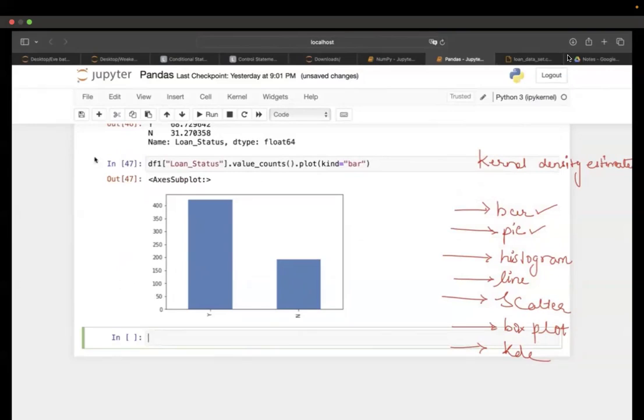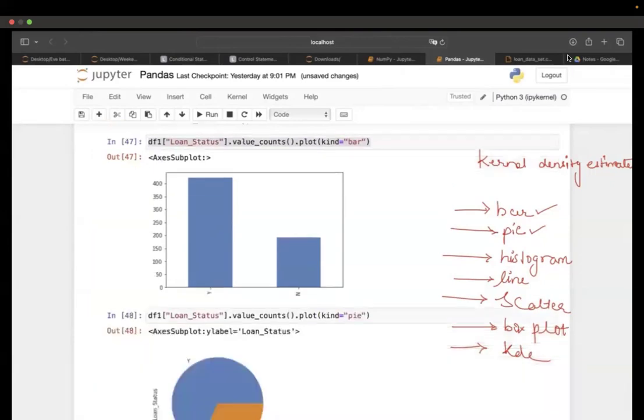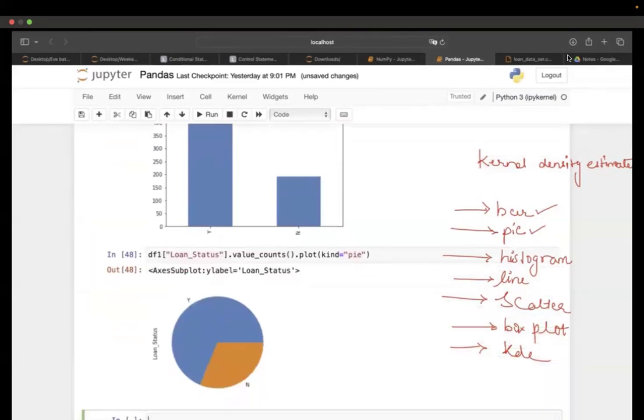If you want, you can create the same calculation or same distinction of entries with the help of a pie chart. So kind equals pie, you need to write here. You can see it is giving me the loan status, yes and no. I'm again repeating, it is not the kind of graph we are going to display in front of clients. It is not visually appealing, in the sense that we do not have a scale here.